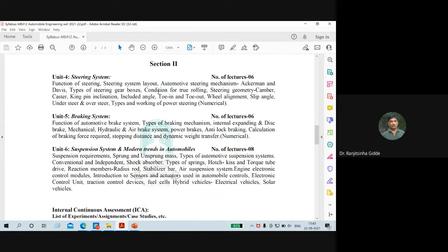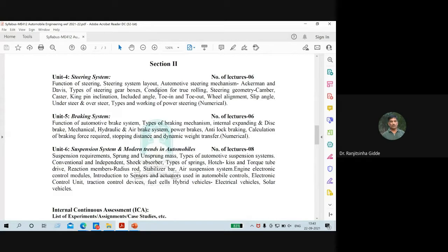Then in the case of the steering system, whatever rotary motion of the steering wheel, the steering is placed in the driver's cabin, thereby we are steering the front wheels, or turning the front wheels, either in the left or right direction.